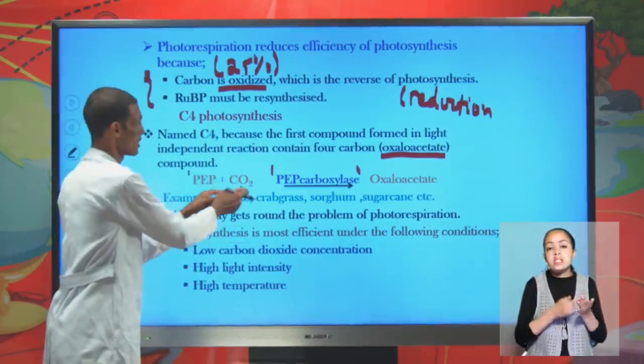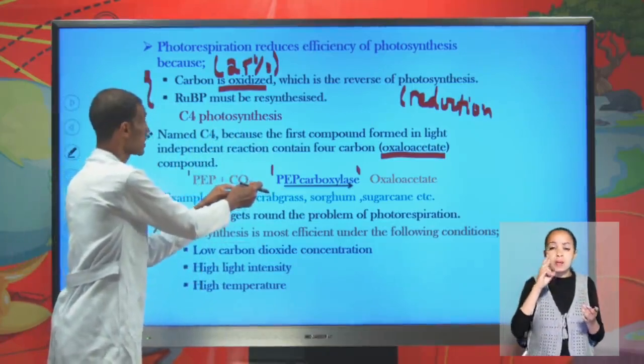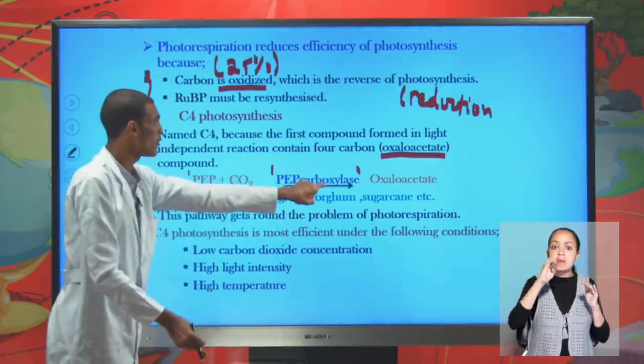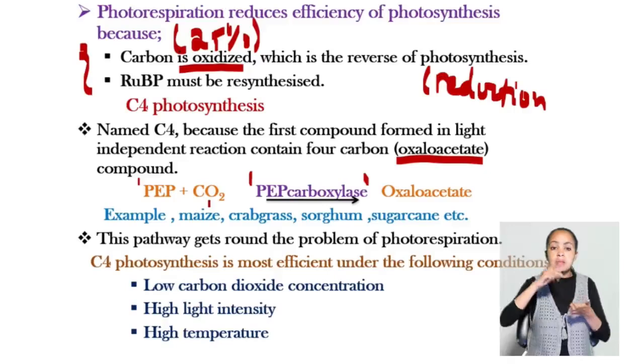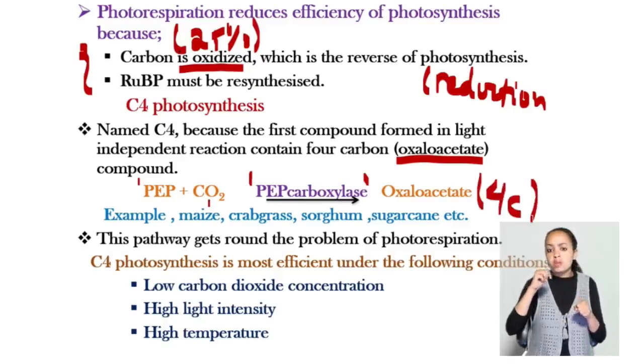Phosphoenol pyruvate and carbon dioxide are fixed in the mesophyll cell by the enzyme phosphoenol pyruvate carboxylase, forming a 4-carbon molecule.